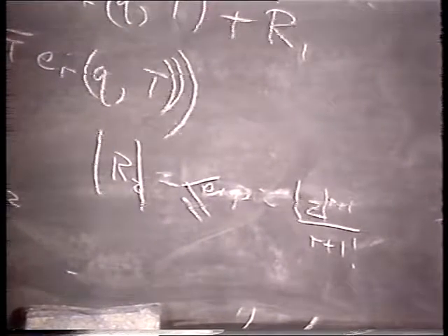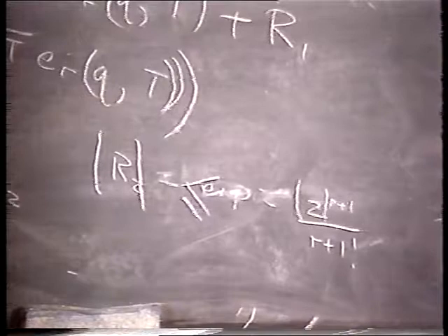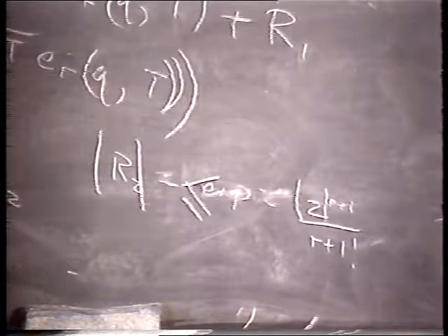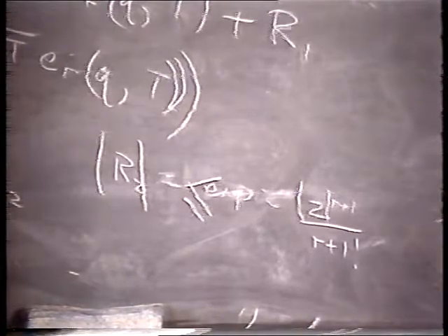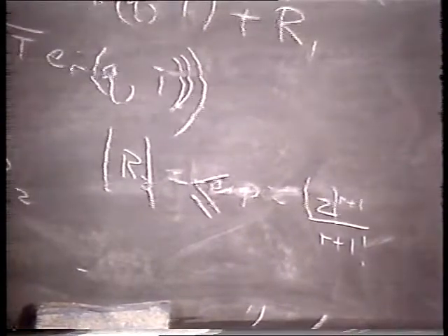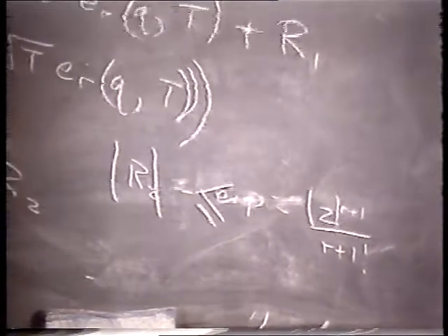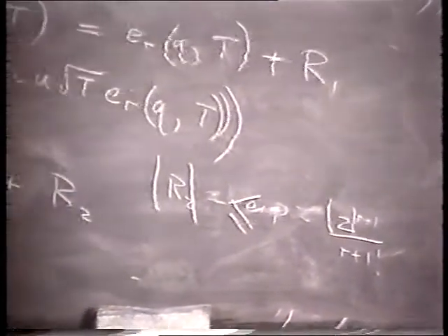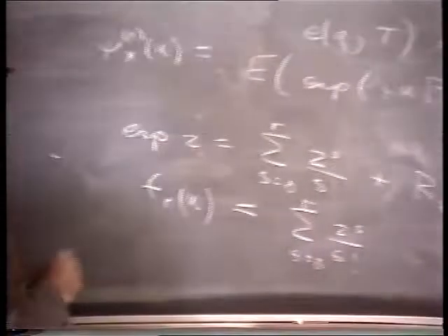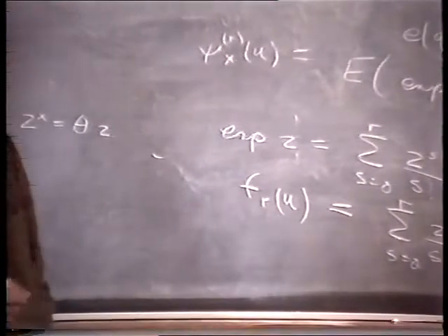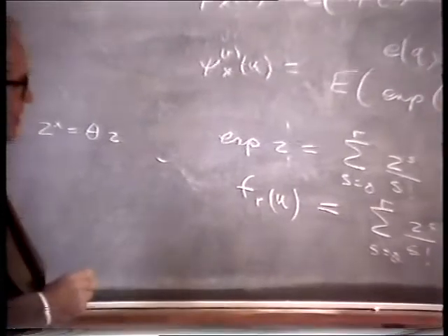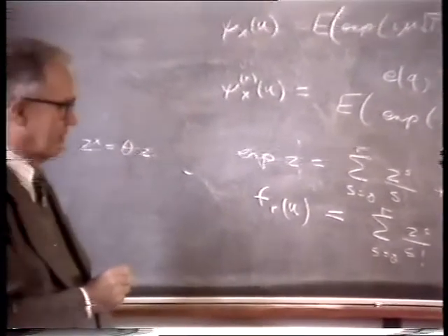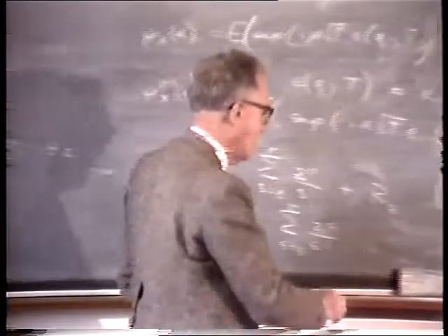And then if you chase out and see what bounds you can put on z itself, you find that you can make use of this inequality to show that switching from the exponential of z to the f_r(u) makes little difference. So this makes a negligible difference.